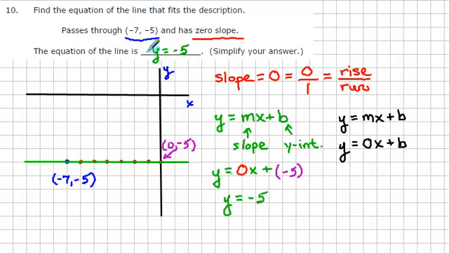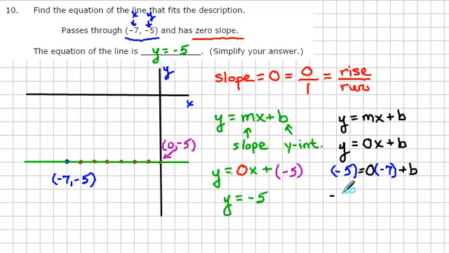So using our original point, the first number is the x, the second number is the y. So substitute negative 5 for the y and negative 7 for the x. So negative 5 is equal to 0 times negative 7 plus b. Now this allows us to solve for b.